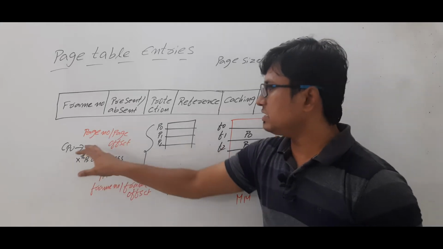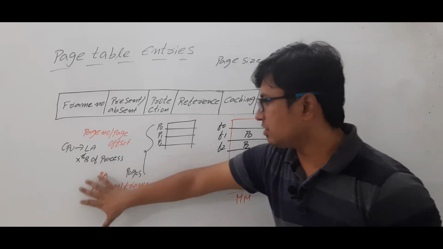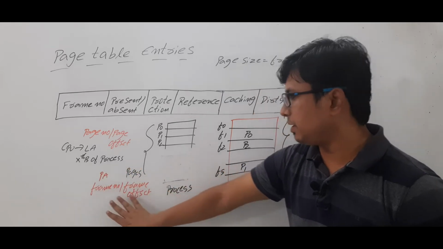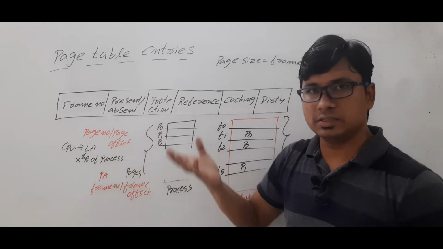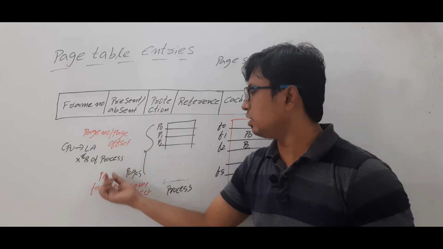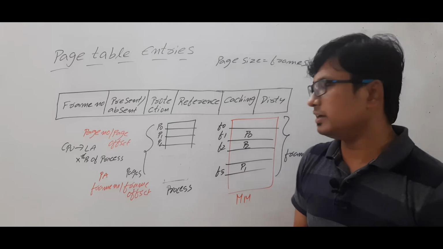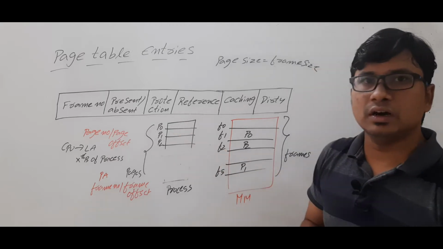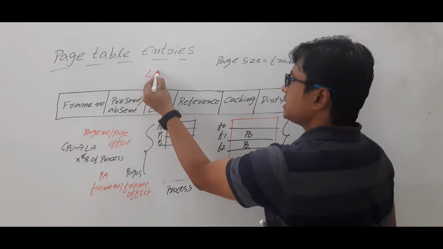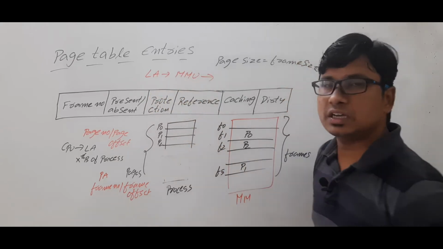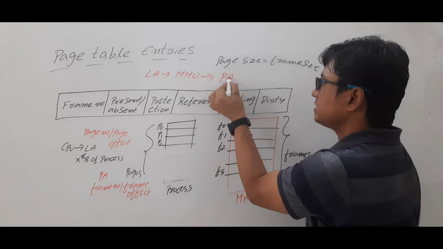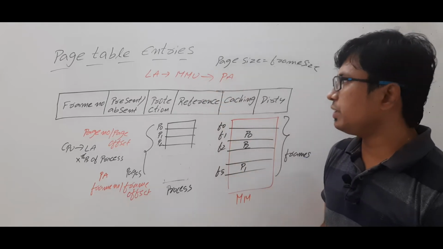So CPU will generate the logical address, but the physical address is in terms of frame number and frame offset. So you need one technique or some process to convert the logical address to physical address. So the memory management unit will convert the logical address to physical address. Okay, are you able to understand?